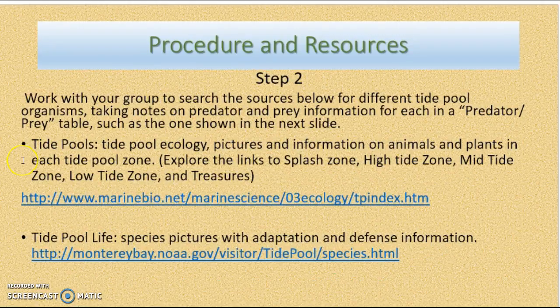The next step of your task, the procedure, is working with your group again, searching these sources here for different tide pool organisms, and you're going to take notes, most likely on the predator-prey table. And after you put that information in, you'll be ready to do your food chain.